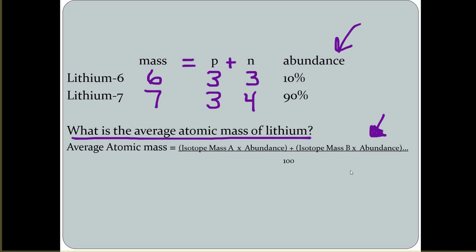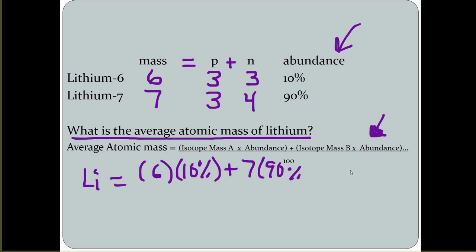So we have the average atomic mass of lithium would be 6 times 10% plus 7 times 90%. And then when I'm all finished, I'm going to divide by 100. So let's work this out.